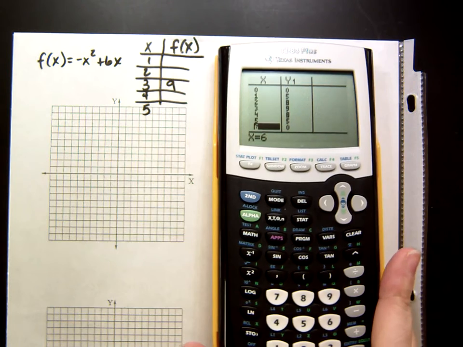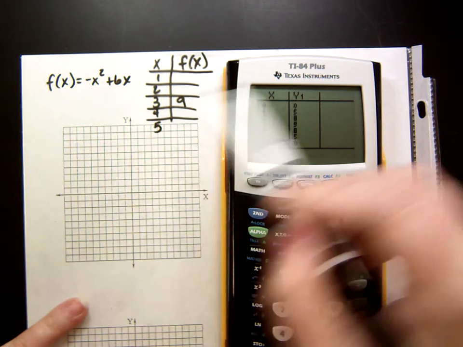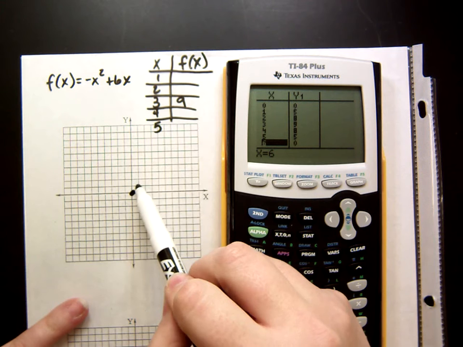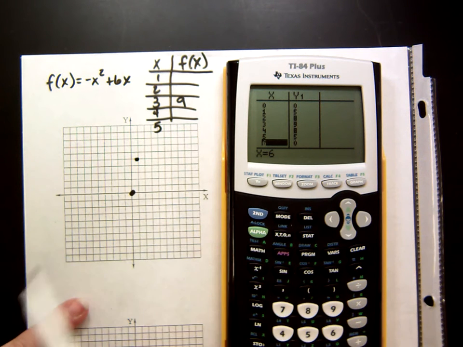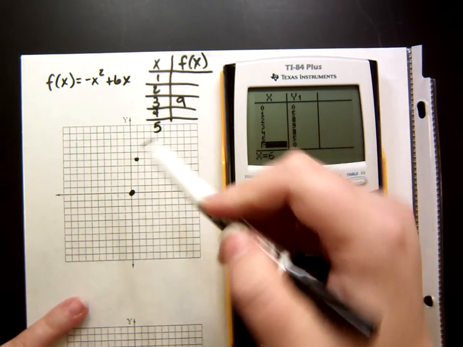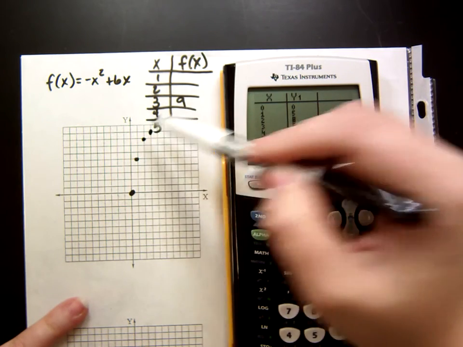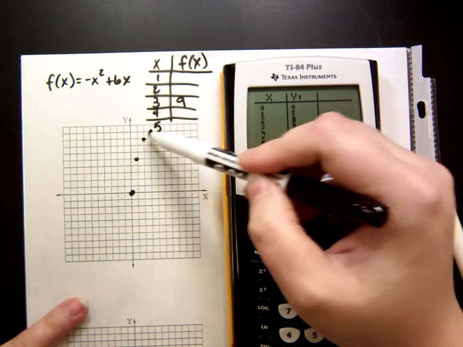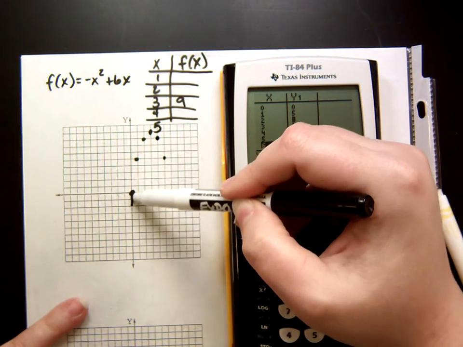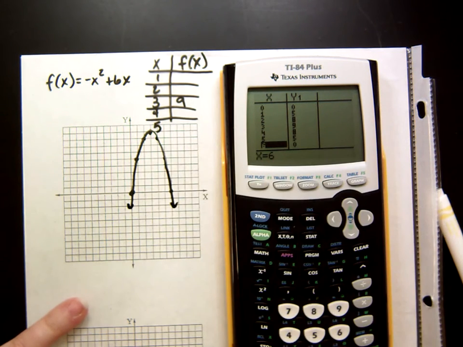I'm not going to write out all these points, but I've got a point at 0, 0. I've got a point at 1, 5. At 2, 8. 3, 9, which is our vertex. And then it's symmetrical, so on the other side it's the same y values, just further along. So I'm able to graph it using that.